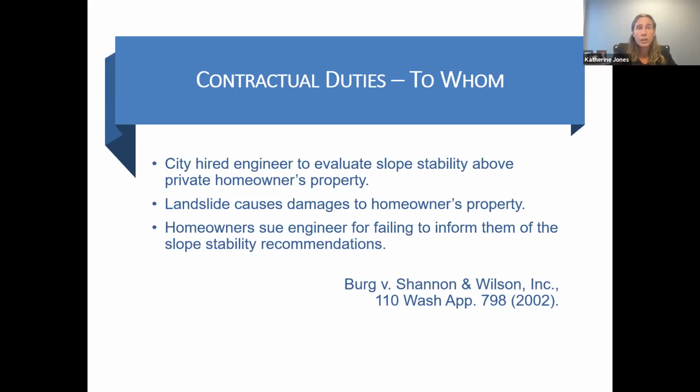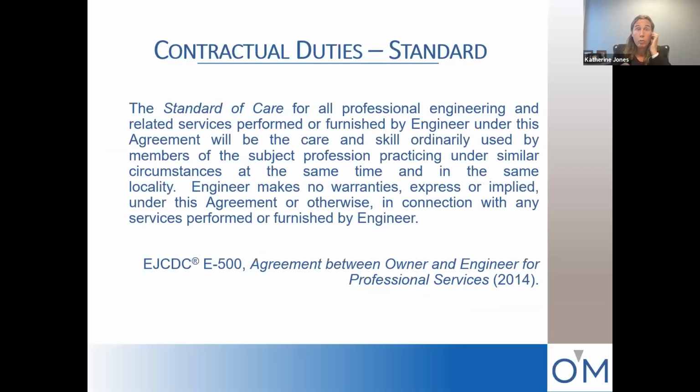So once we know who we're contracting with, what is the standard of care? Here we have the kind of standard form contract that I'm sure many of you have seen that is put out by the Engineers Joint Contract Documents Committee. This is the E500 form, which is an agreement between the owner and the engineer for professional services. I'm just going to read this to everyone so that we're all on the same page.